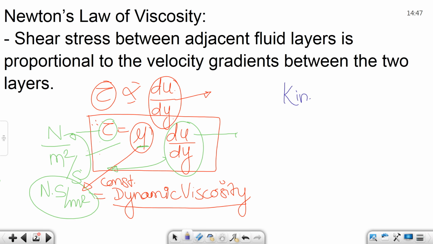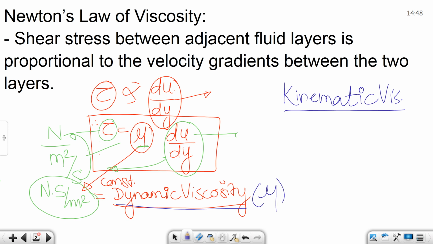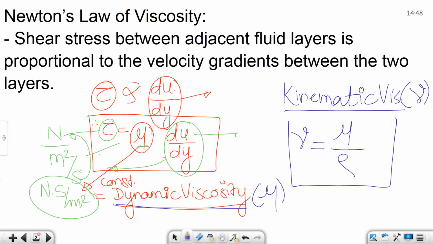There is a small relation between dynamic viscosity mu and kinematic viscosity nu. So this kinematic viscosity nu is equal to dynamic viscosity divided by the mass density of the fluid.